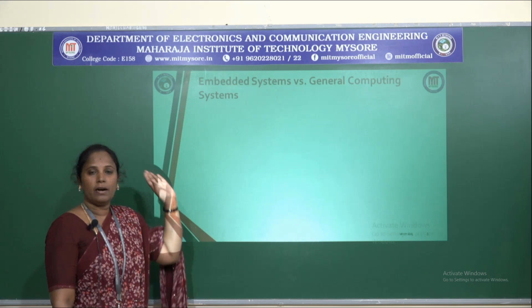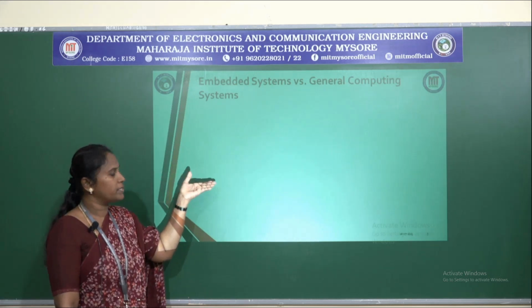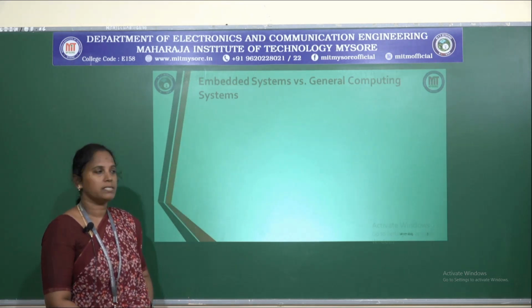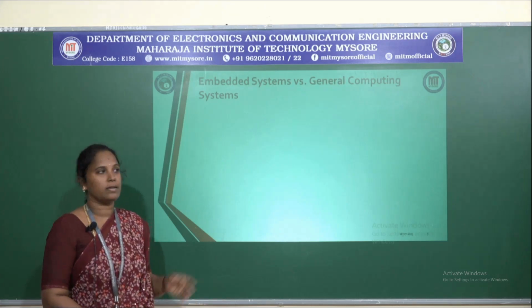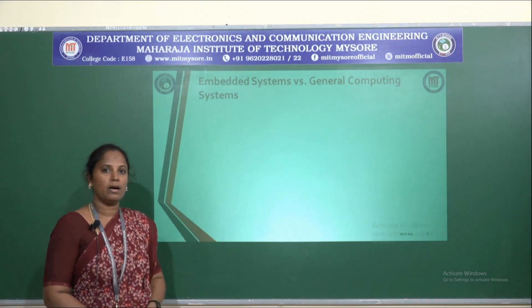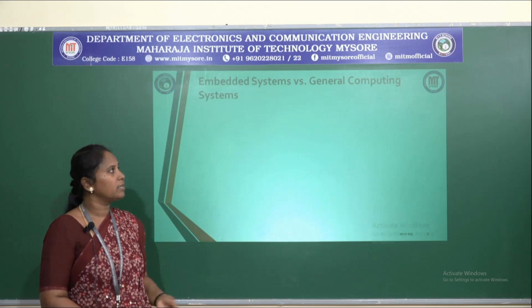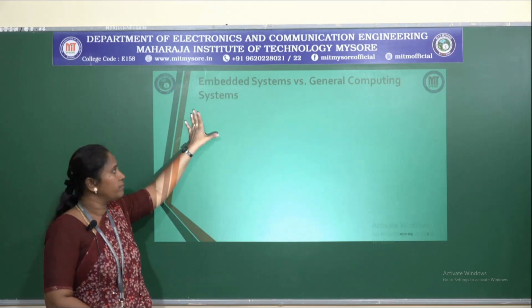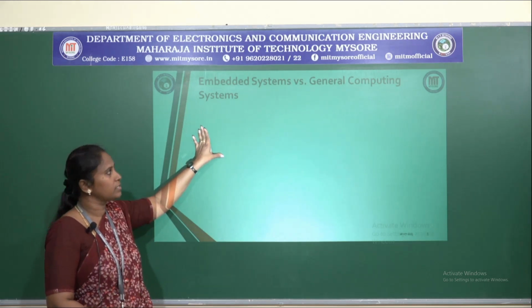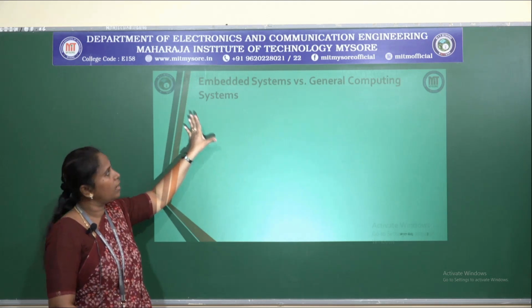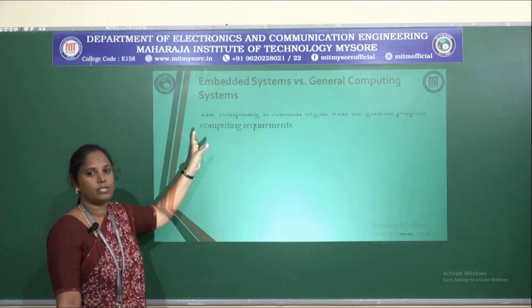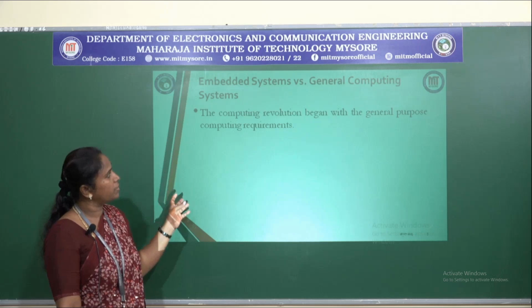Now after knowing the definition of an embedded system and its application areas, we should know some concepts like where embedded systems are used and how they are different from other computing systems. We also discussed the criteria on which we are going to discuss how embedded systems are different from a general computing system.